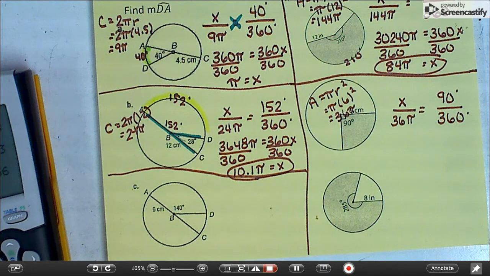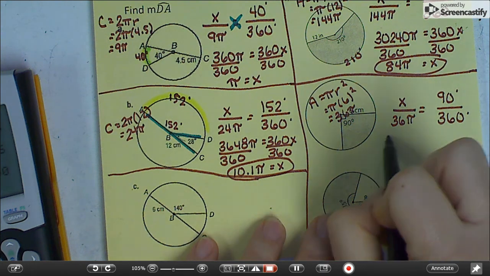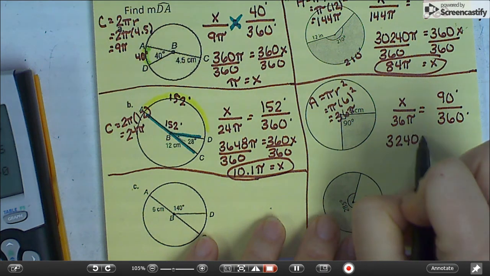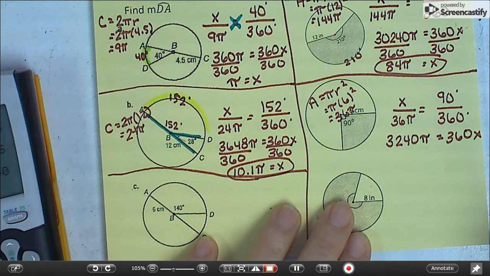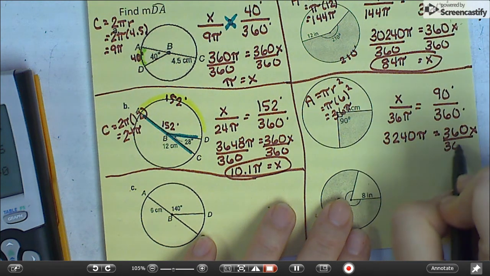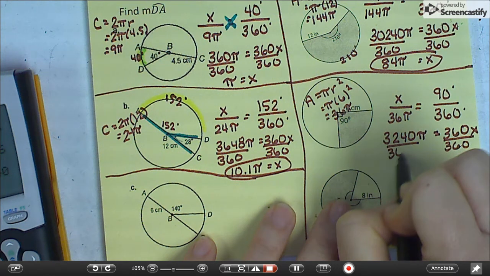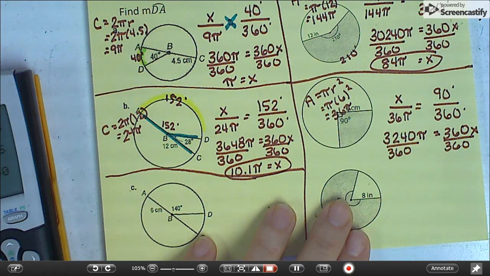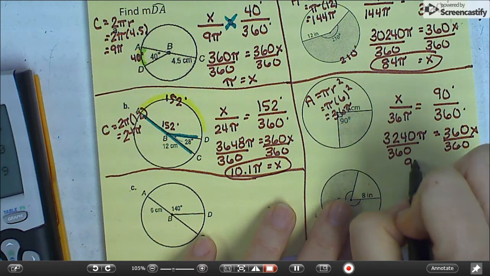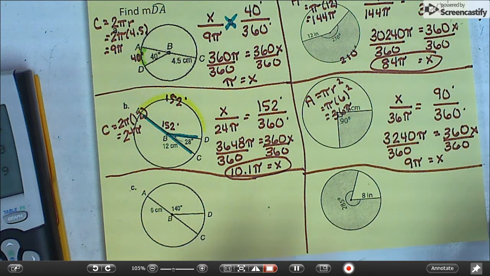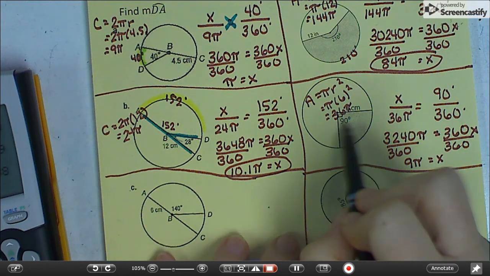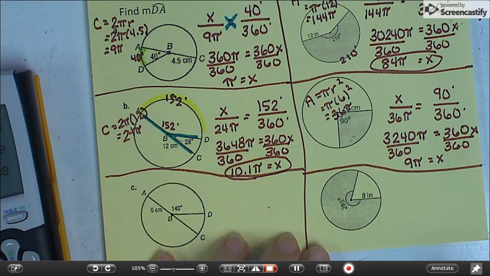Cross multiply, 90 times 36 is 3240 pi equals 360x. Divide by 360. So 9 pi equals x. And in context, we can multiply that by pi. So this area of the circle is 28.3 centimeters squared.